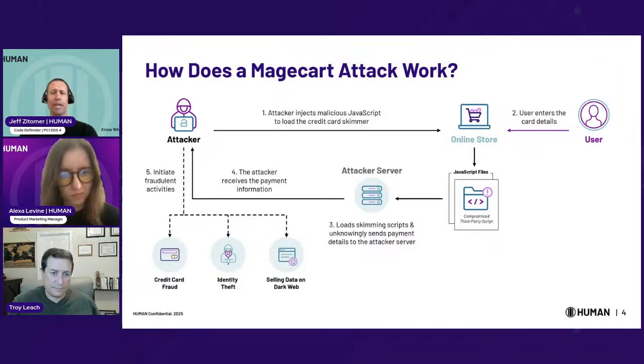And so the way a Magecart typically works is, as you are going about your business, interacting with the website, entering your card details to check out, or entering your credentials to log in, that JavaScript on the site can read everything that you've entered into those fields.